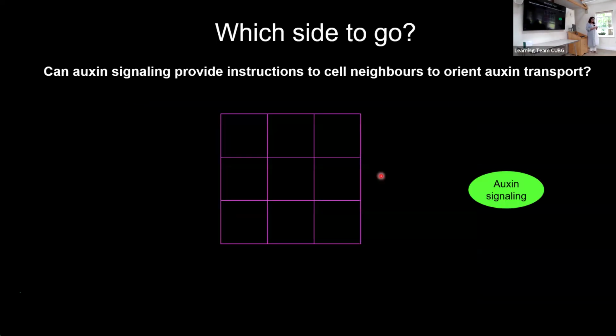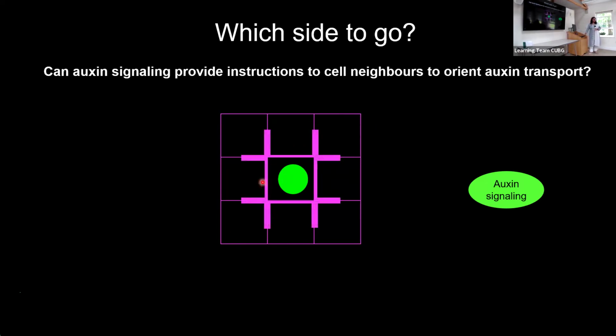We can actually test how cells, or these proteins, decide which side of the cell to go to. So the experiment I did was to activate this auxin signaling protein in only one or a few cells, and then see whether the neighboring cells can reorient their PIN1 protein, which is now maybe on all sides of the cell, to the side where this auxin signaling is active.